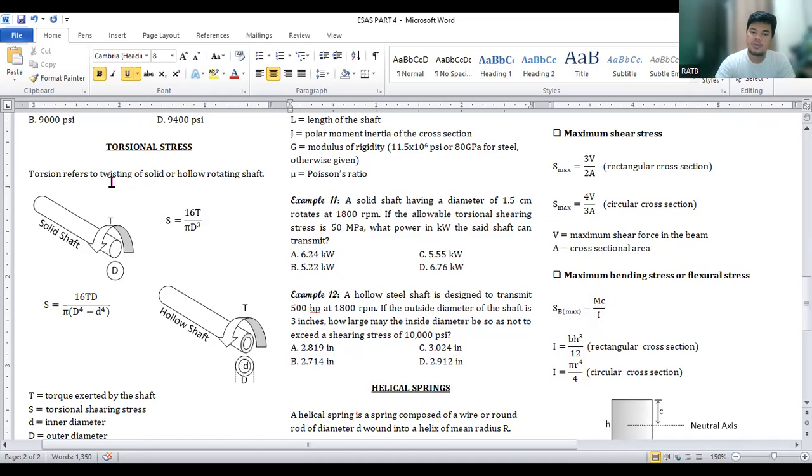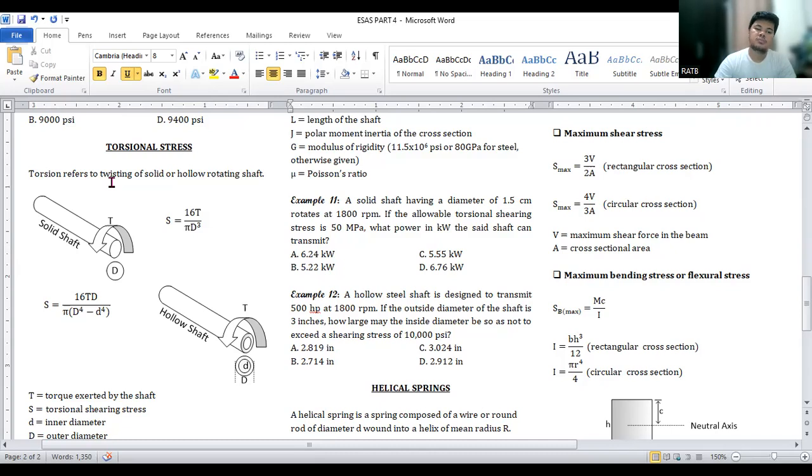So just a while ago, we introduced the stress developed when a body is subjected to load, and also when the body is subjected to a change in temperature.